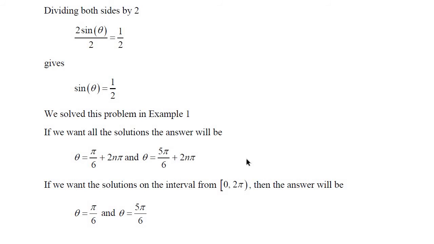If we wanted all the solutions, we would use these two expressions with the 2n pi's in it. But if we only wanted the solutions over the interval from 0 to 2 pi, that's just pi over 6 and 5 pi over 6. That's what we get if I plug in 0 for n. If I plug in 1 for n, then the values are going to be larger than 2 pi. So these are the only two solutions we get from 0 to 2 pi.